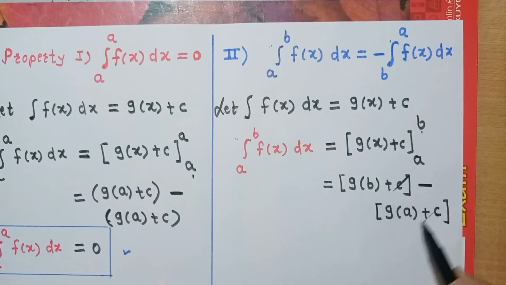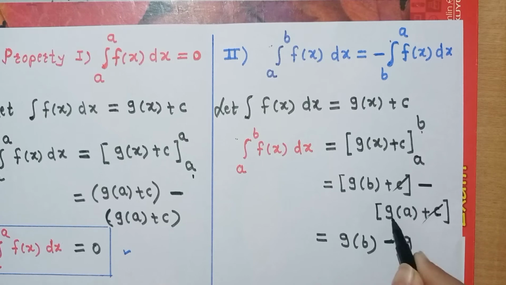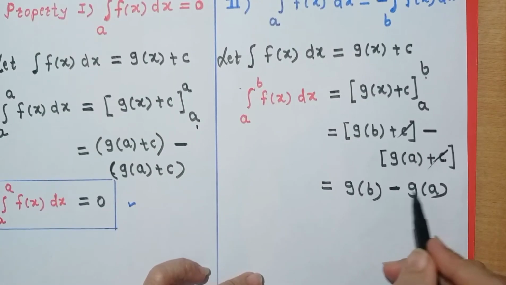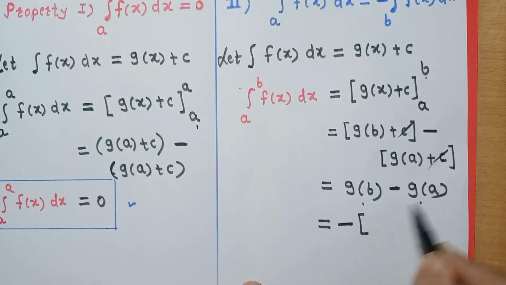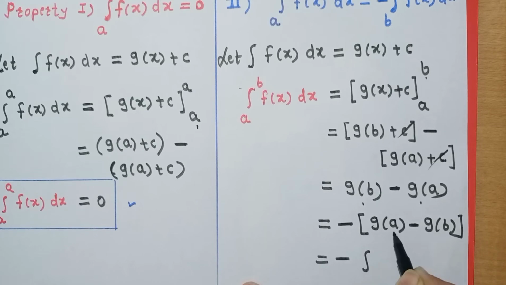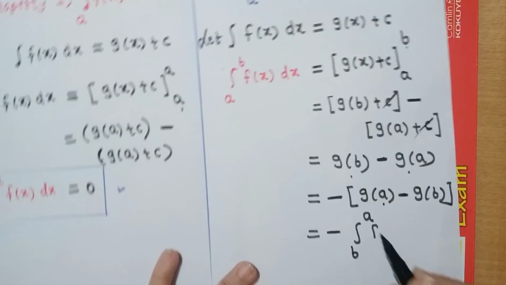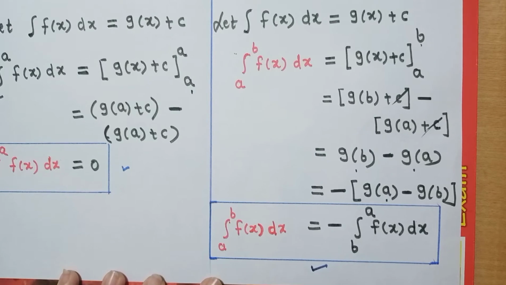So here plus c minus c get cancelled, and what remains? This g of b, then middle sign minus, and then g of a. Take minus sign common out from these two terms. We have again minus, here we will write g of a minus g of b, and this is nothing but again this minus as it is. Now this a is upper limit and b is lower limit. This is integral of f(x) dx, which is the proof of second property.